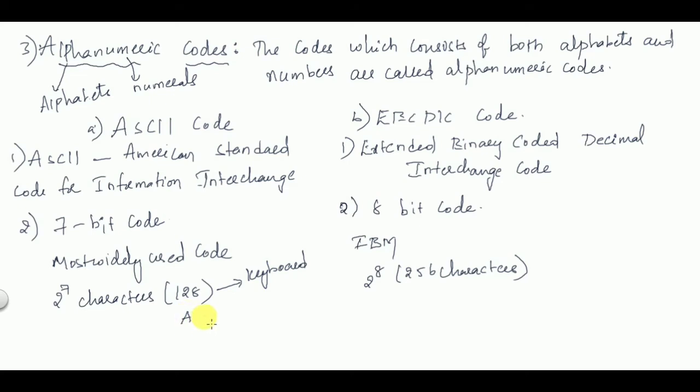In ASCII code, the capital letters A to Z are represented by decimal numbers 65 to 90. The small letters a to z are represented by 97 to 122.